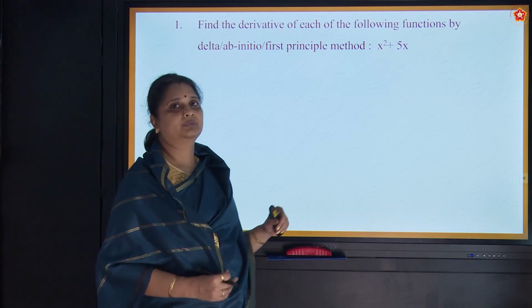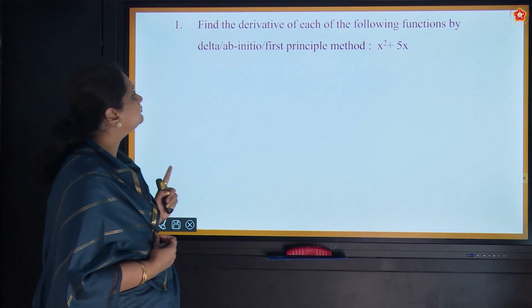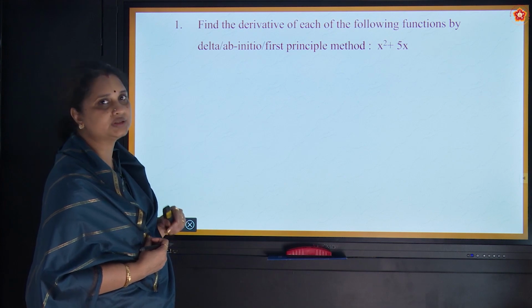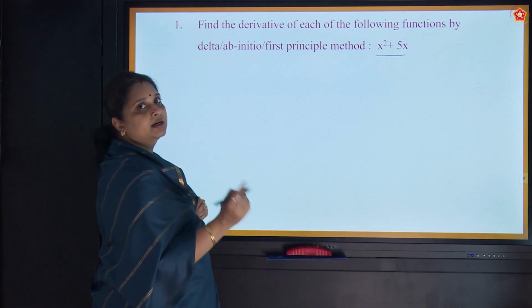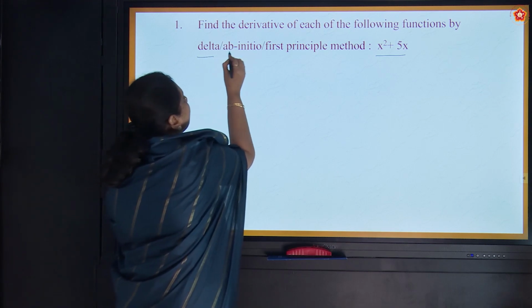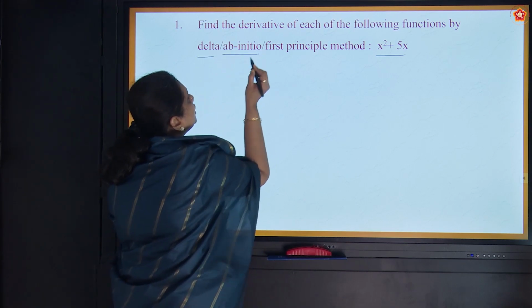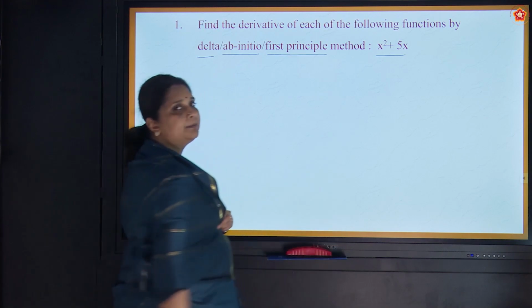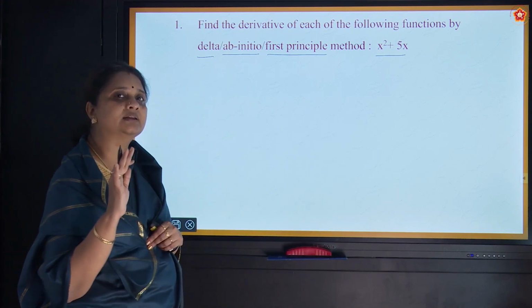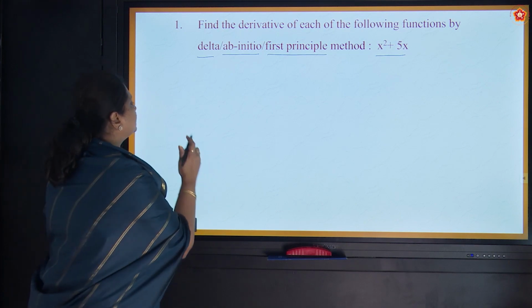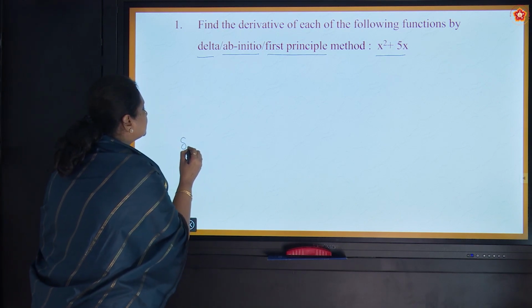So now, let's read this question. It says, find the derivative of each of the following functions. There's only one function. So we are going to find the derivative of this using the delta or ab initio or first principle method. Let me tell you that all three methods are the same, and they refer to the method that we've seen so far.